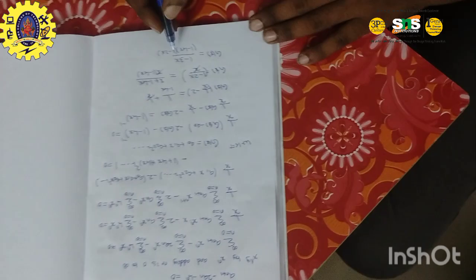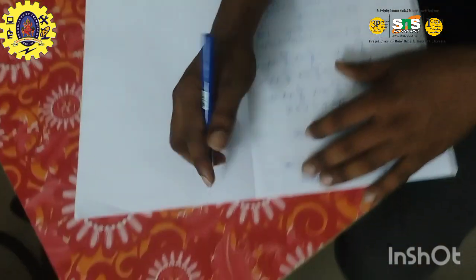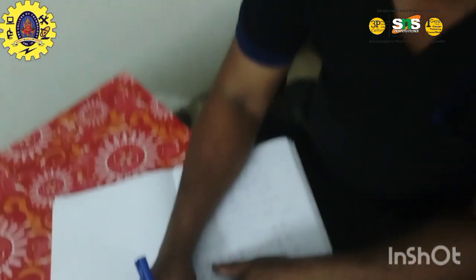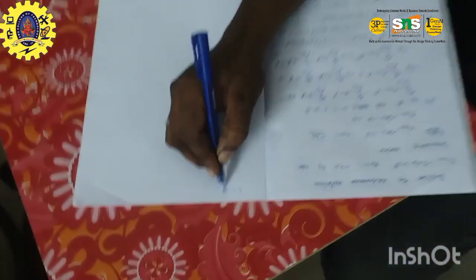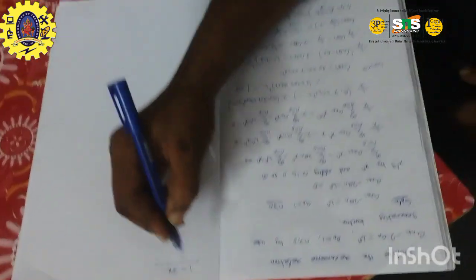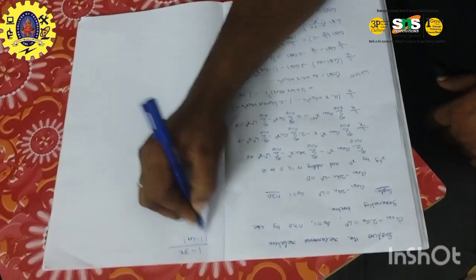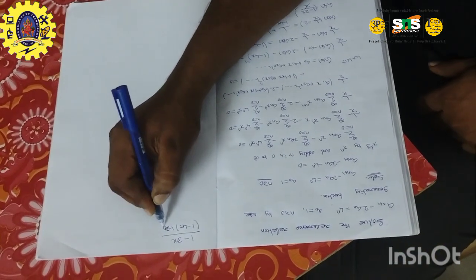Next we simplify this expression using the partial fraction method. That is, (1 - 3x)/((1 - 4x)(1 - 2x)) equals A/(1 - 4x) + B/(1 - 2x).